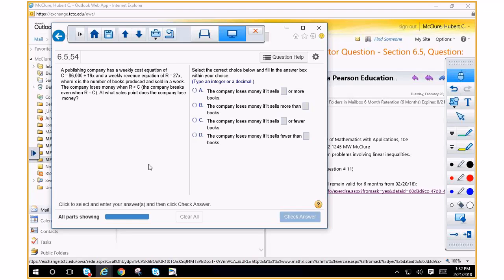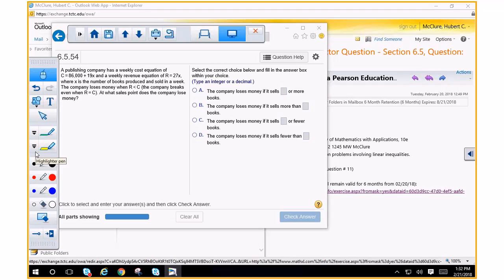A publishing company has a weekly cost equation and a weekly revenue equation, where X is the number of books produced and sold in a week. Okay, X is the number of books sold in a week, and revenue.